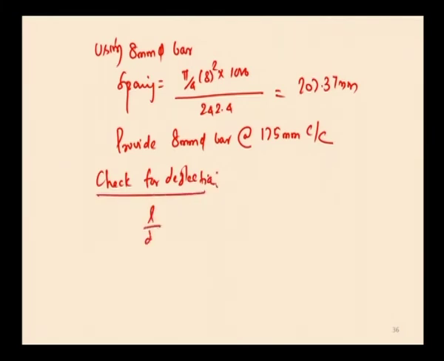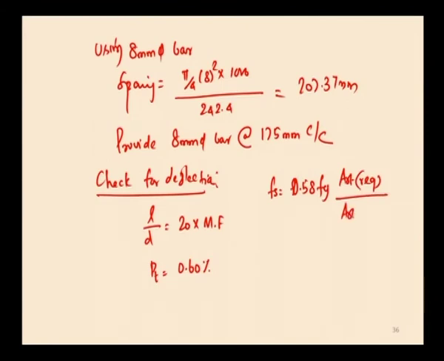So, the L by d ratio, it is a simply supported slab, has to be modified by multiplying with the modification factor. For this, we need to find out the percentage of tension reinforcement, that is 0.60 percentage. So, the stress in steel is fs, that is 0.58 fy into Ast required divided by Ast provided, that is 0.58 into 415 into Ast required 910.10 divided by Ast provided 1206.36.